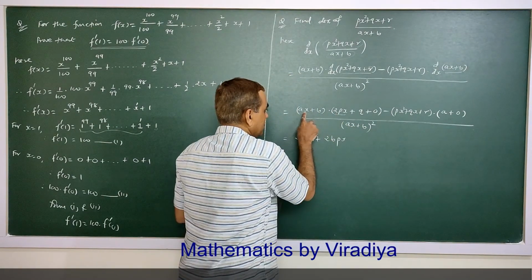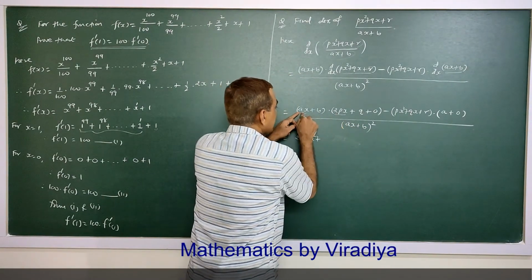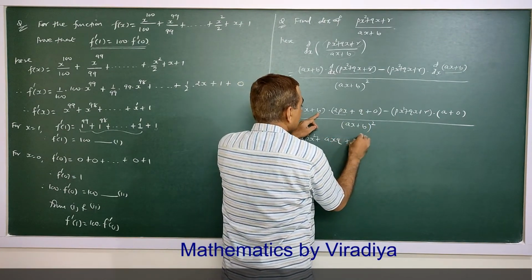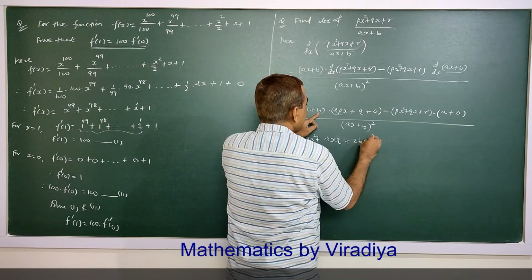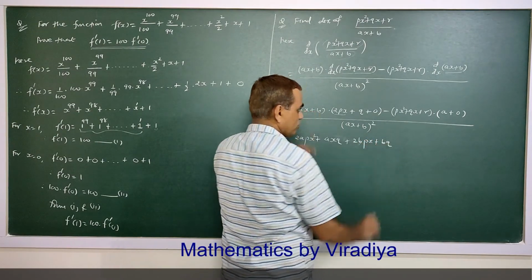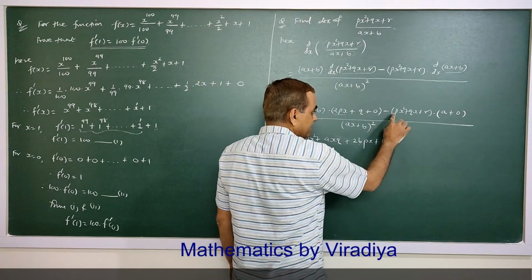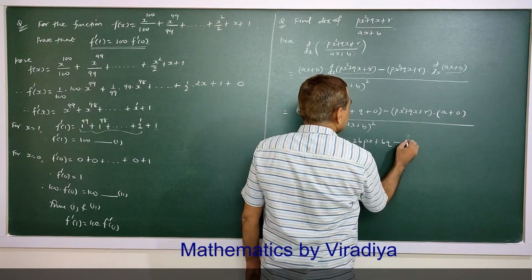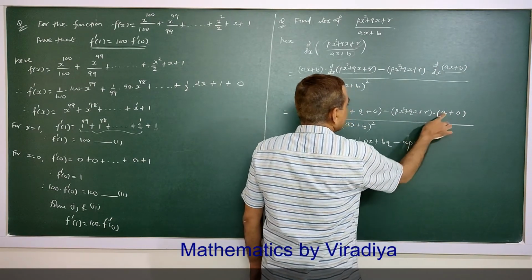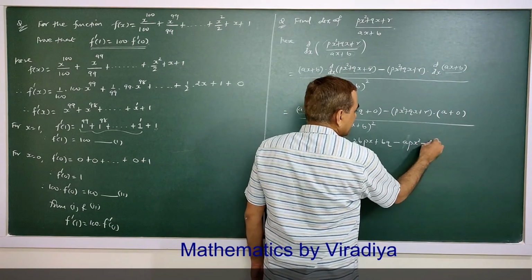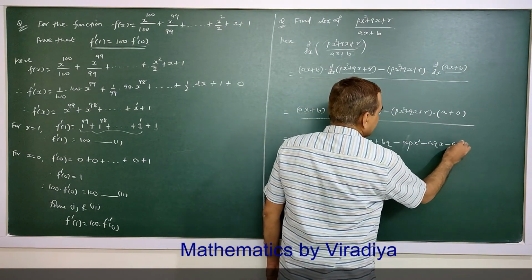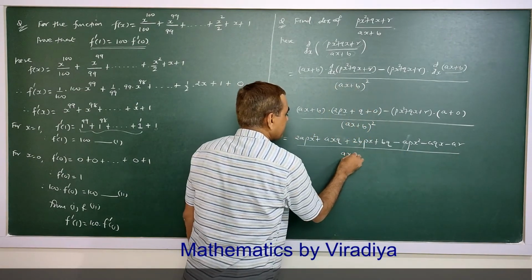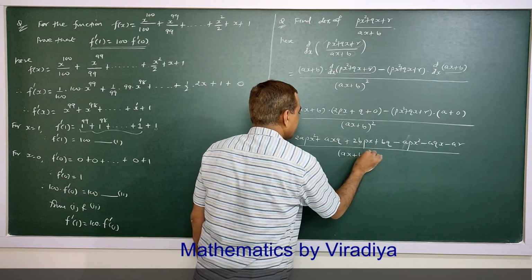First of all we multiply ax by q, so aqx, then plus 2bpx plus bq, this side minus pax square, that is apx square, minus aqx minus ar, upon (ax plus b) whole square.